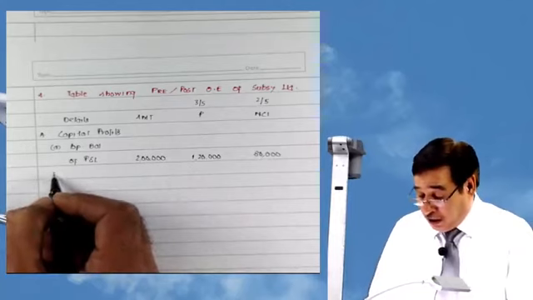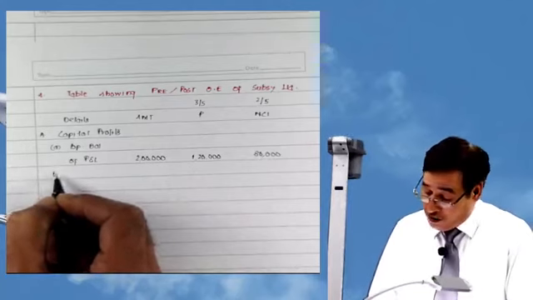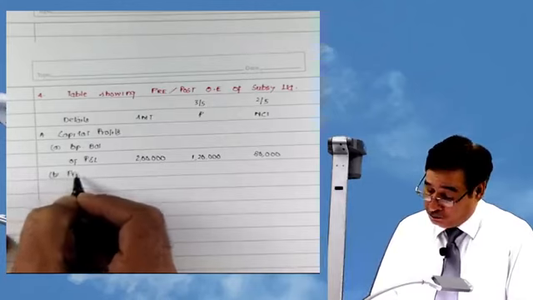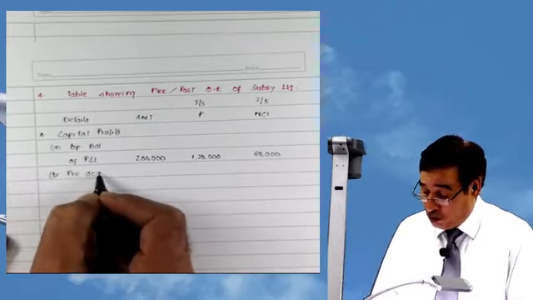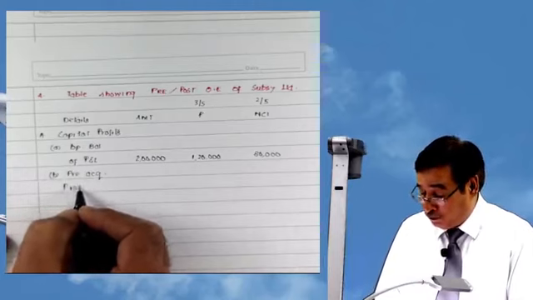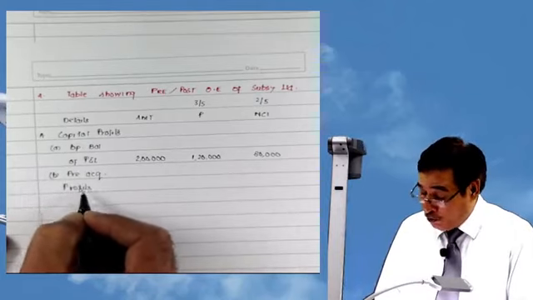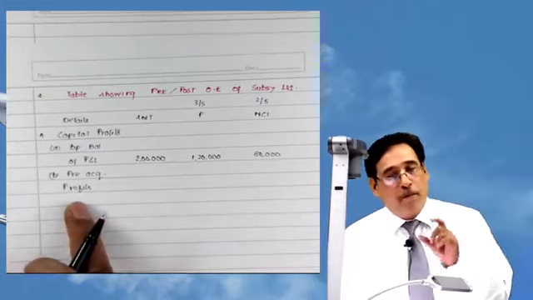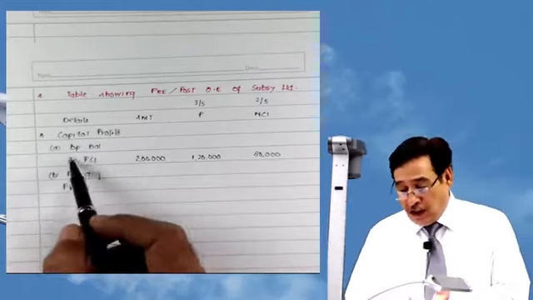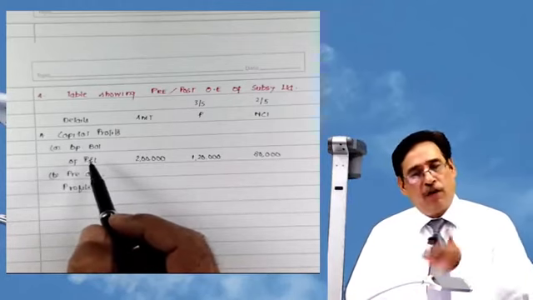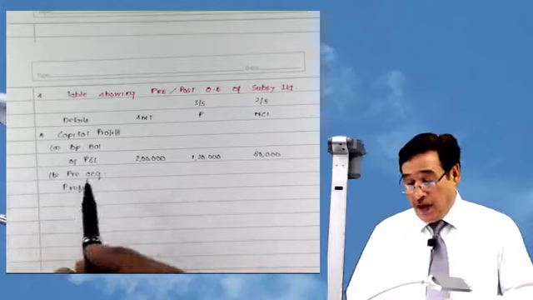Then I write, see here, pre-acquisition profits. Whenever I would write word pre-acquisition profit, even these are pre-acquisition profit, no doubt about that, because these profits have already been earned in the last year.